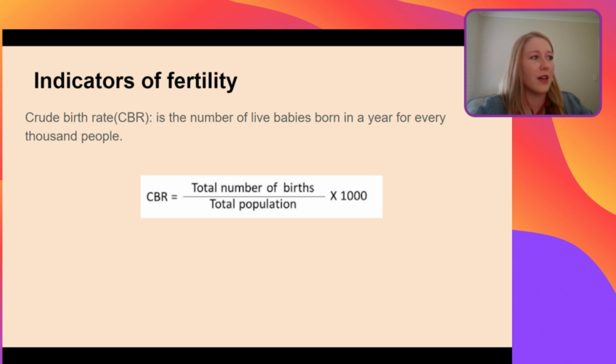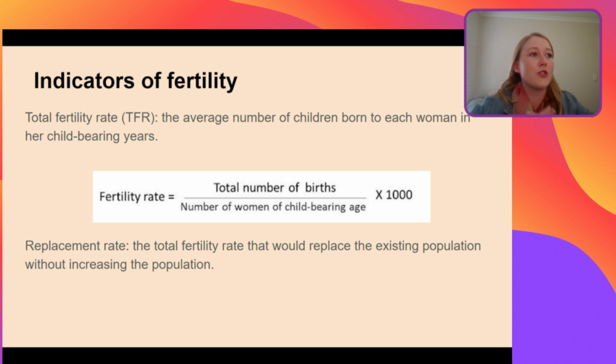It more just helps for them to understand it. Then when we get to fertility rate, so remember the previous one was number of babies born in a population. But fertility rate looks per woman. Now it's a bit more specific. So this is the average number of kids that each woman would have in her childbearing years.